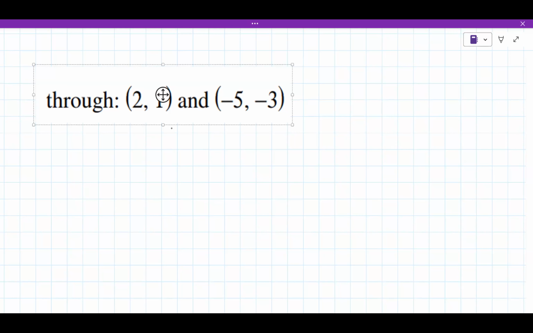For the slope, it is not 4/3. Well, no, sorry. 4/7. Yes, 4/7.